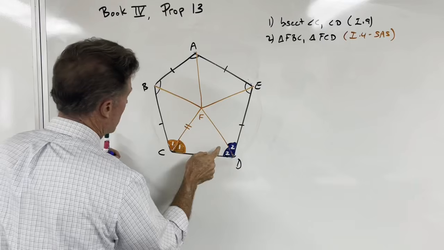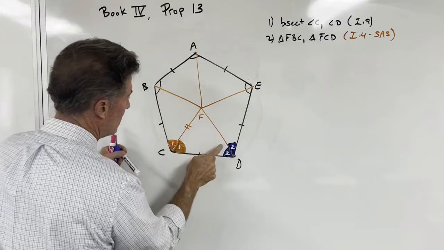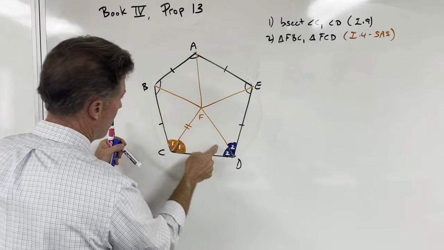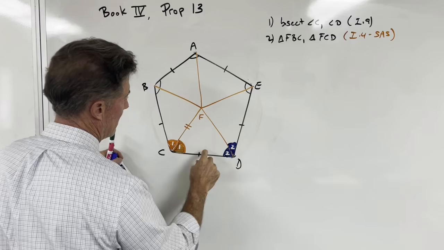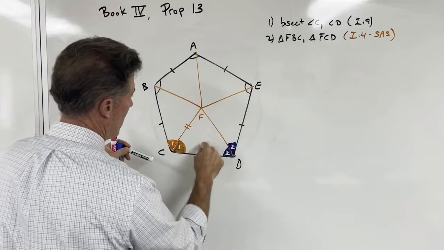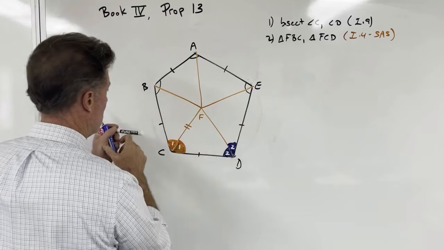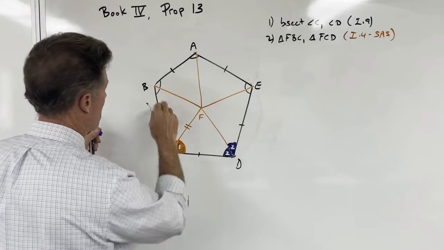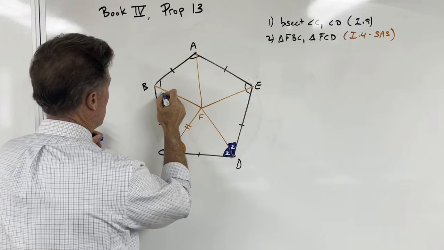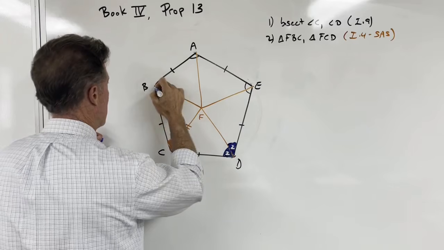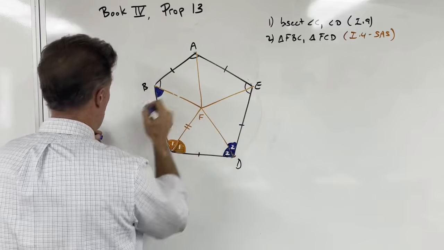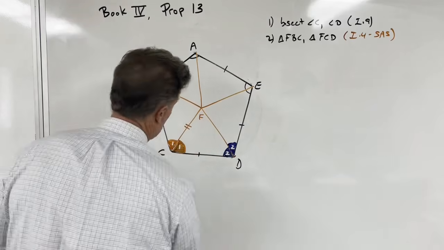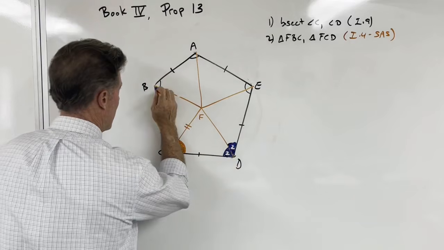Namely, what we care about, this angle here is equal to this angle here. So this is the side between side 1 and 3, so that angle is the corresponding angle, and this is equal over here to this. So it's probably worth marking that that is angle 2.